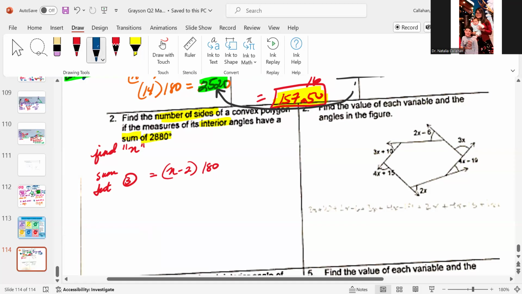Sum of interior angles is what? What does it give you? Where do you put the 2880? No, you put that right here. That's the formula, right? 2880 equals n minus 2 times 180. So set it up.